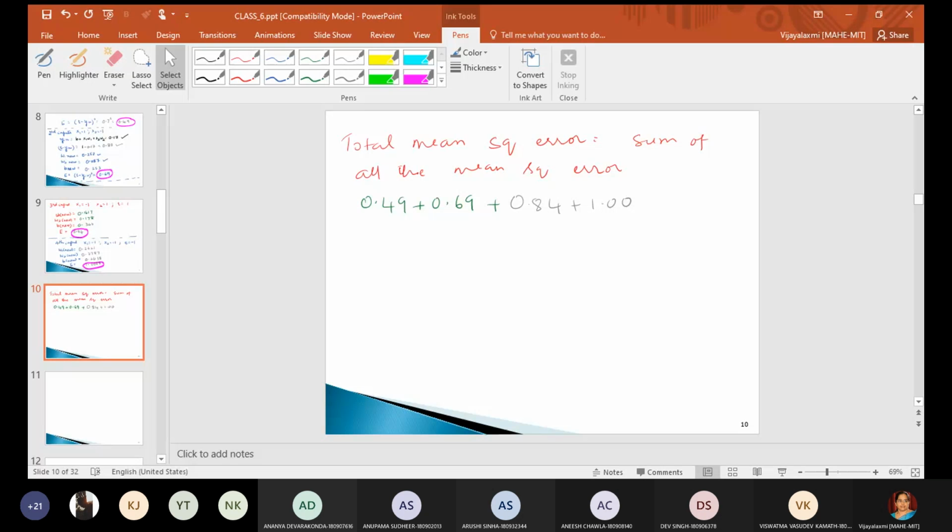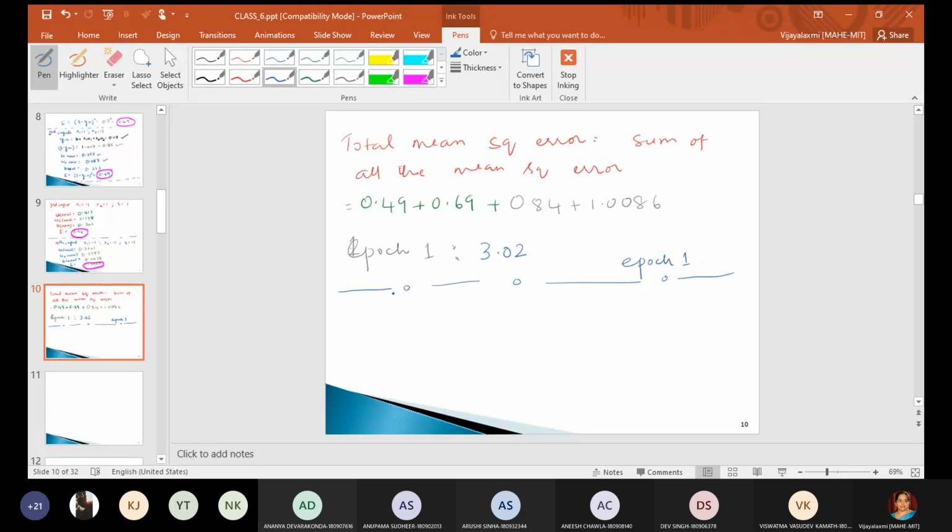If you take the summation, for epoch 1, the total mean square error, I think it is around 3.02, if you do the addition. Please note that this is for the first iteration. Like this you have to continue. So one iteration or one epoch is over. This is epoch number 1.